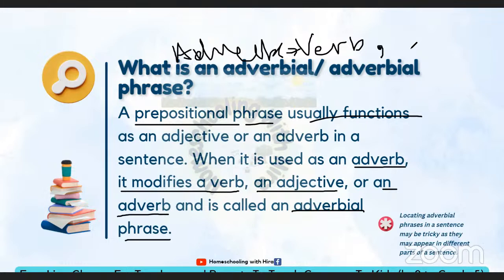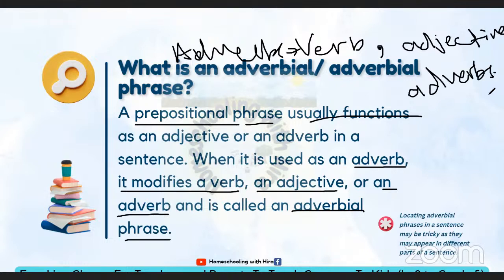They also modify adjectives, as well as they also describe other adverbs. ठीक है? Extremely beautifully, extremely injured. ठीक? So things like this. उसको adverb की 3 functions आ गए. Verb को modify करते हैं, adjectives को और adverbs को.